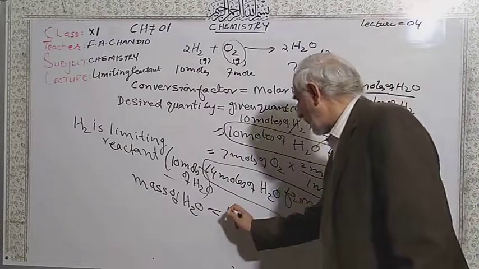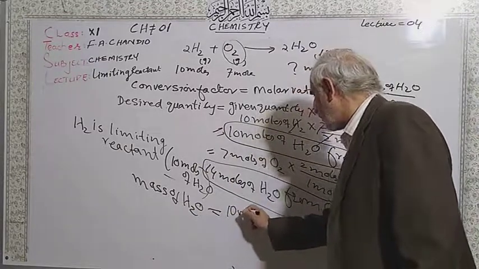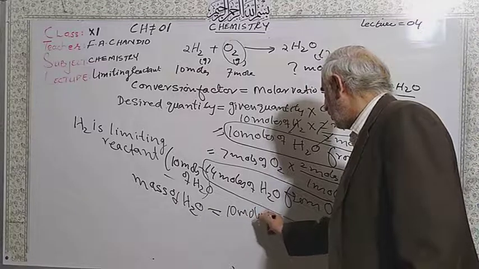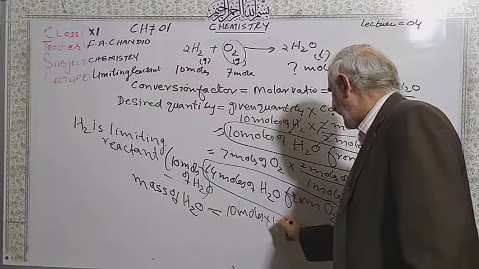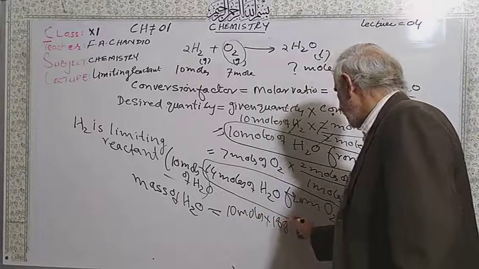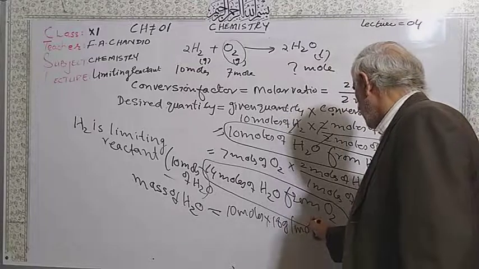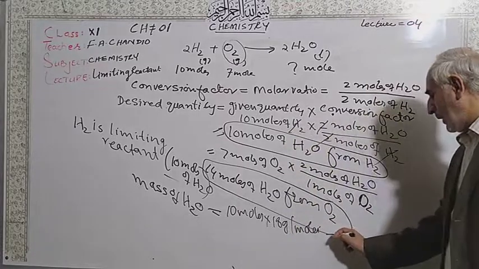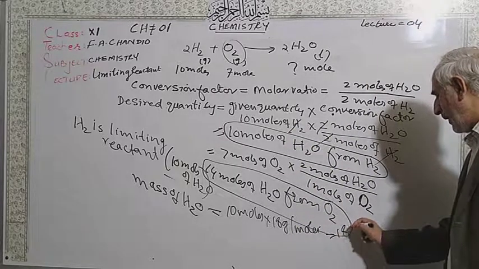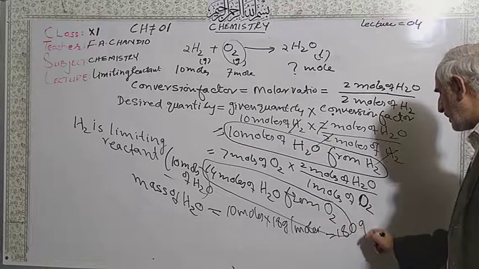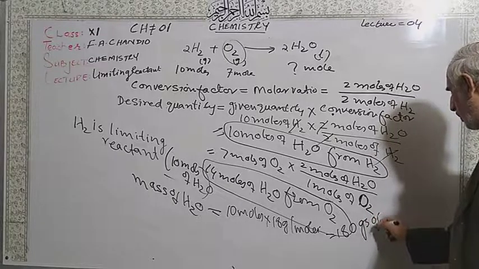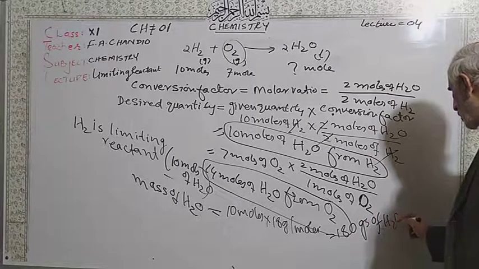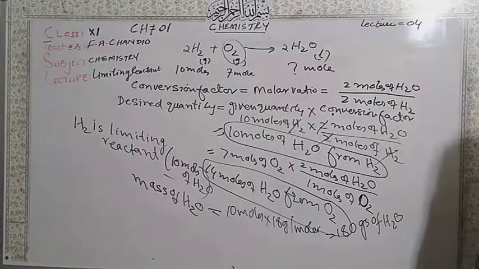So moles are 10 moles multiplied by molar mass, water 18 grams per mole. So 10 multiplied by 18, you will get 180 grams of water. So you can calculate the mass also.